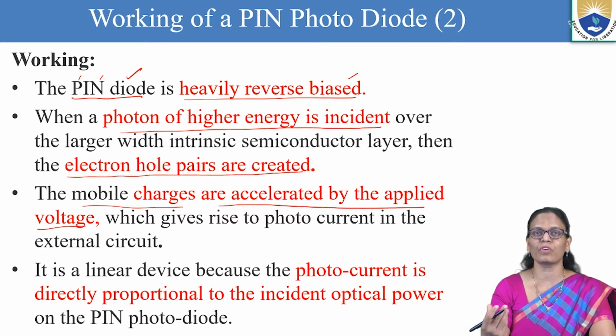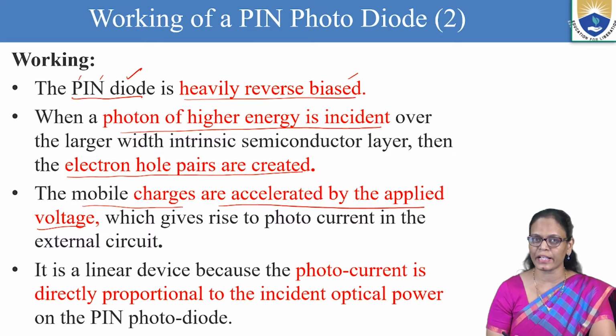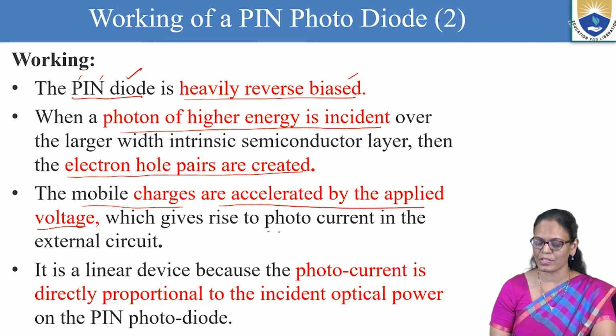We have connected it in reverse bias and keep on increasing the reverse voltage. Because of the applied voltage, the electron hole pairs that are generated gain energy and get accelerated, and these accelerated charges give rise to current.